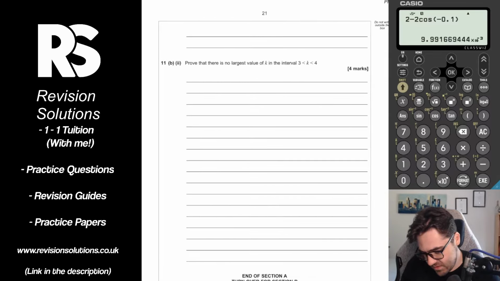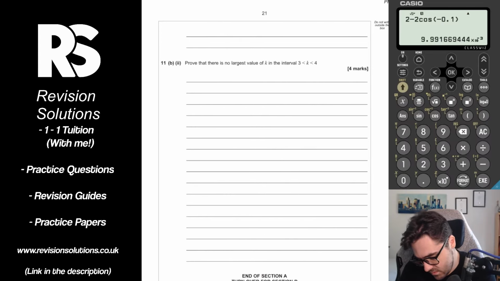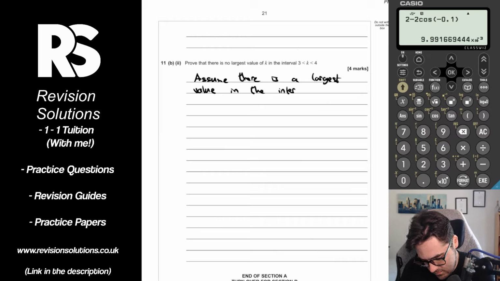Okay, then it says, prove that there is no largest value of k in the interval. So we can just do the exact same thing, copy the teacher's steps, but adapt it for our problem. So we're going to assume there is a largest value in the interval k is greater than 3 but less than 4, and we'll call it x again.